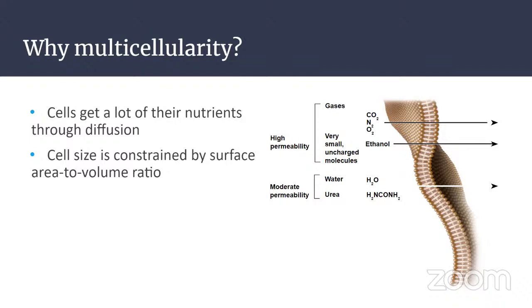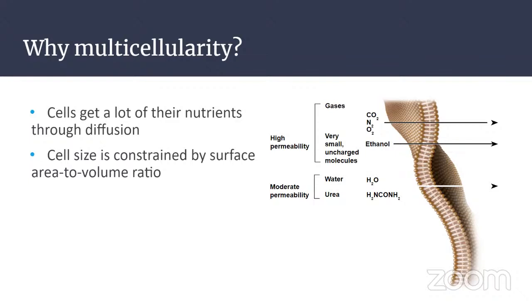So you've probably seen something like this in your early bio classes, right? But certain things can get across the cell membrane, certain things can't. So if you are a little bitty cell, you're getting things like gases just dissolving directly across your cell membrane. It's helpful, right? You get your oxygen to breathe, you can breathe out your CO2, awesome.